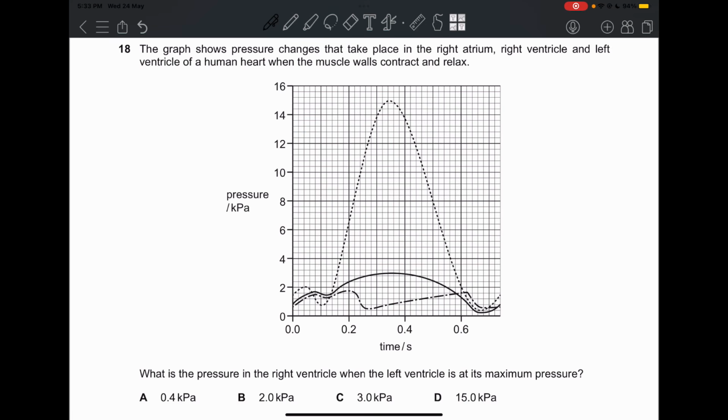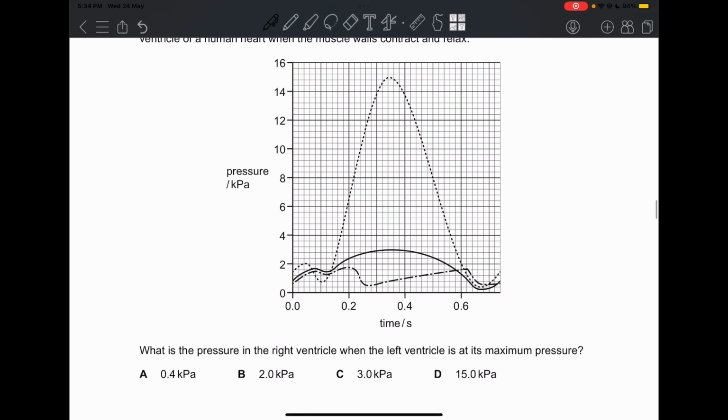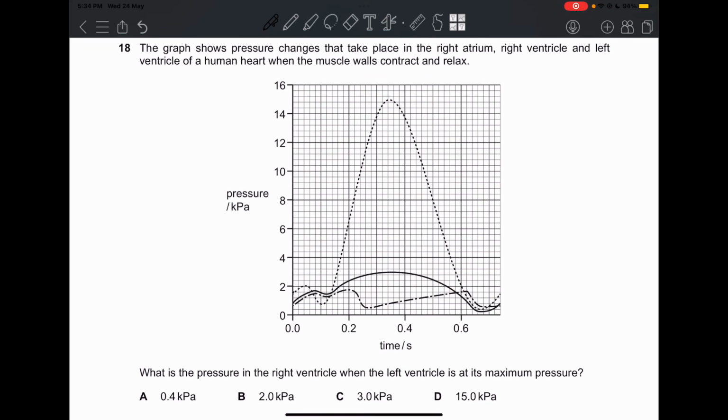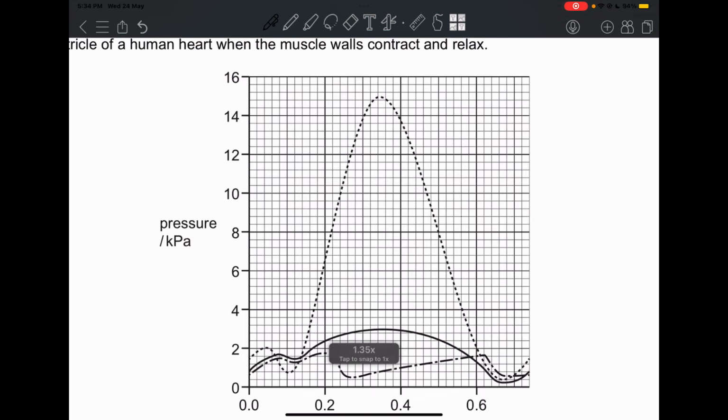18. The graph shows pressure changes that take place in the right atrium, right ventricle, and left ventricle of a human heart when the muscle walls contract and relax. What is the pressure in the right ventricle when the left ventricle is at maximum pressure? Now, the left ventricle has overall the highest maximum pressure, so we're going to be following this dotted line over here.